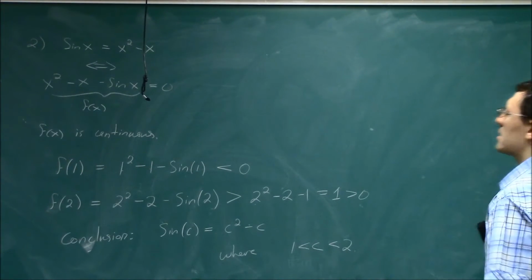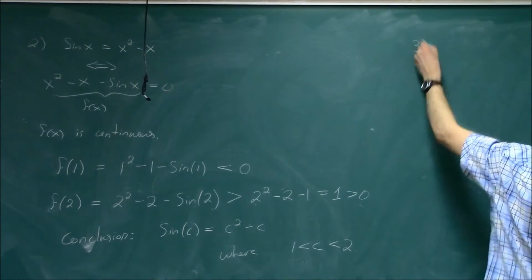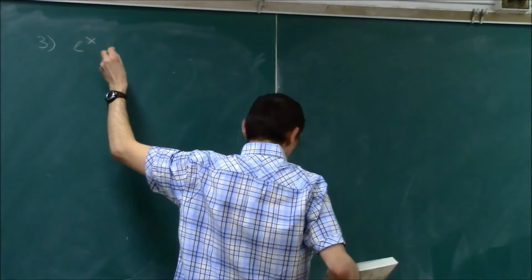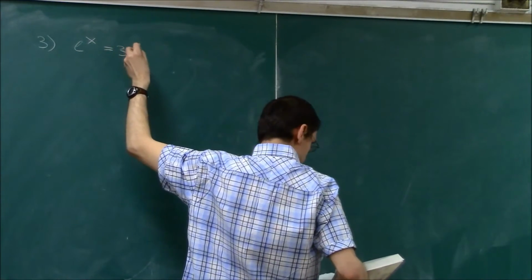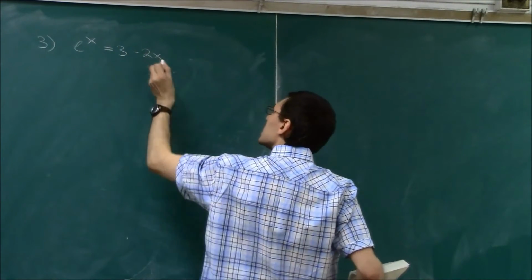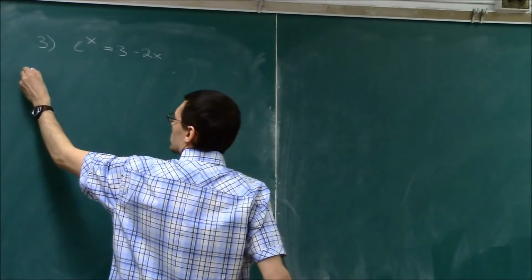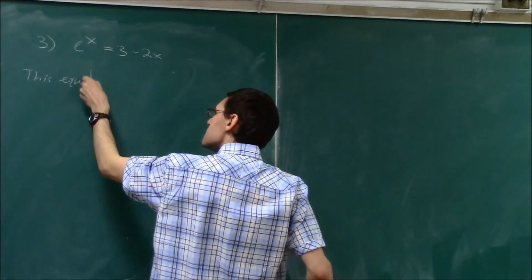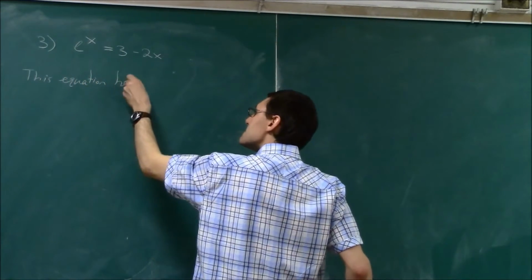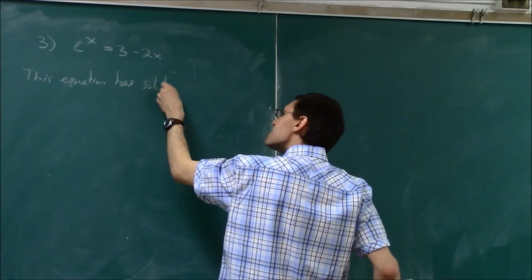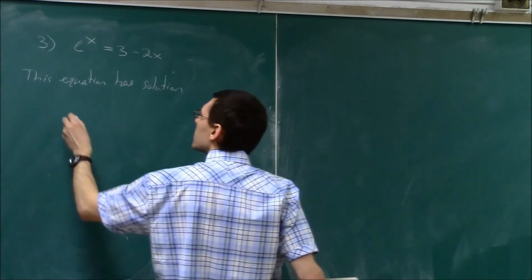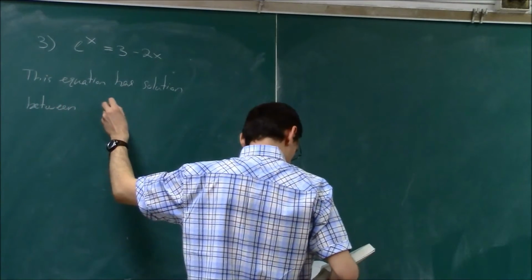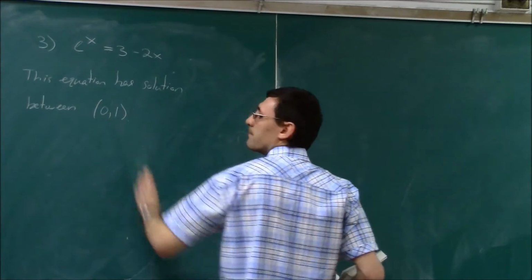All right, let's look at another example, example 3. Suppose that we consider e to the x equal to 3 minus 2 to the x, and we want to show that this equation has a solution between 0 and 1.